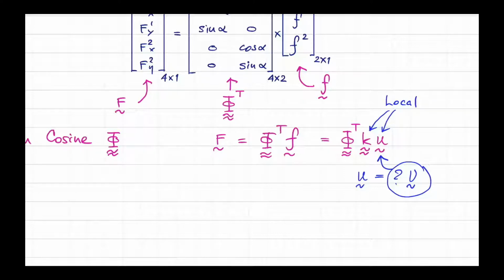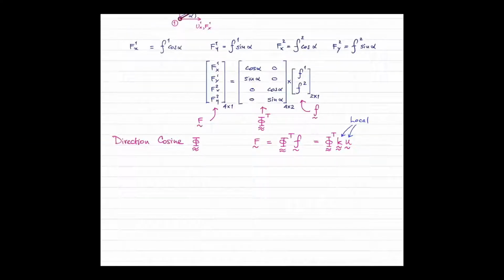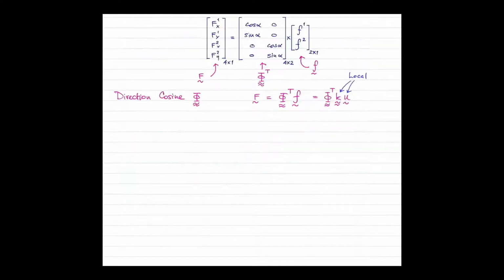Okay, so the strategy is like this. I'm going to erase this out first for now. Okay, so to write the local displacement u in terms of global displacement, we are going to consider this member.